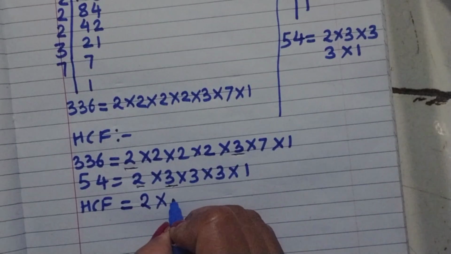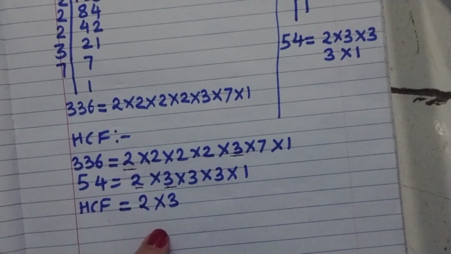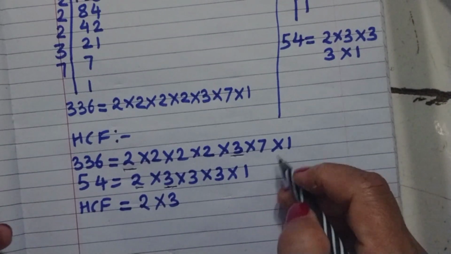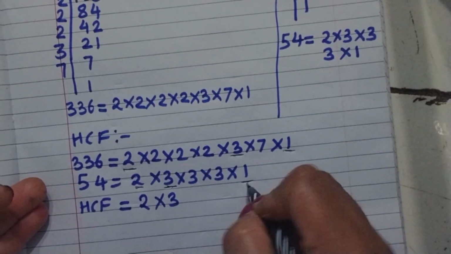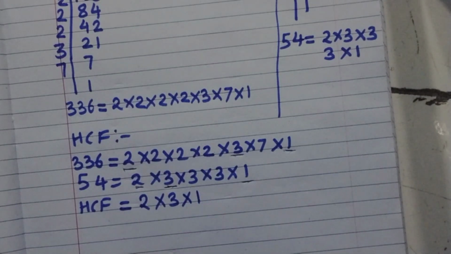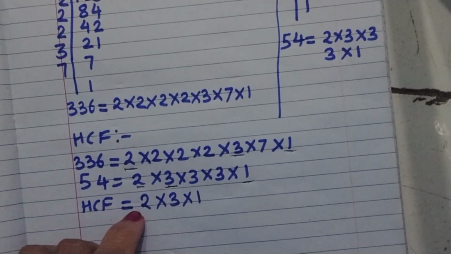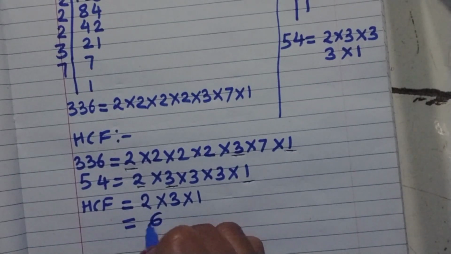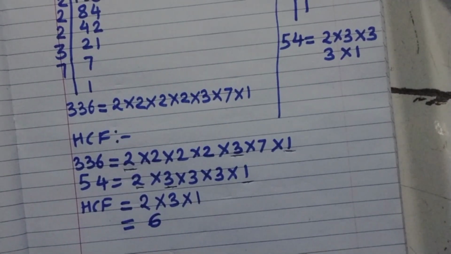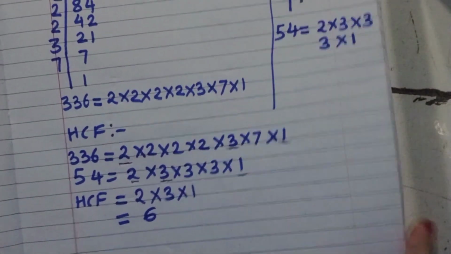So we write 3 here. These common factors we write only one time. Now next common factor is 1. So we write multiplication sign and 1. So 3 2s are 6, 6 1s are 6. So HCF of 336 and 54 is 6. Now we find LCM.